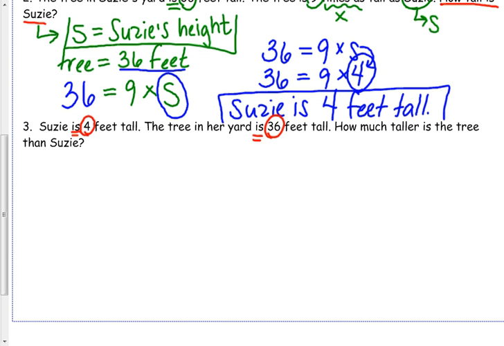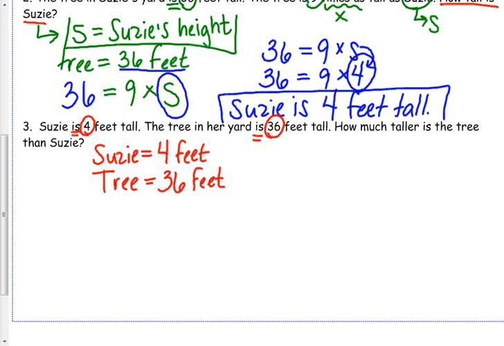I'm going to write this out in words first. Susie equals 4 feet. Tree equals 36 feet. Now I'm going to draw an illustration as well because I think that's going to help me figure out what my equation is going to look like.